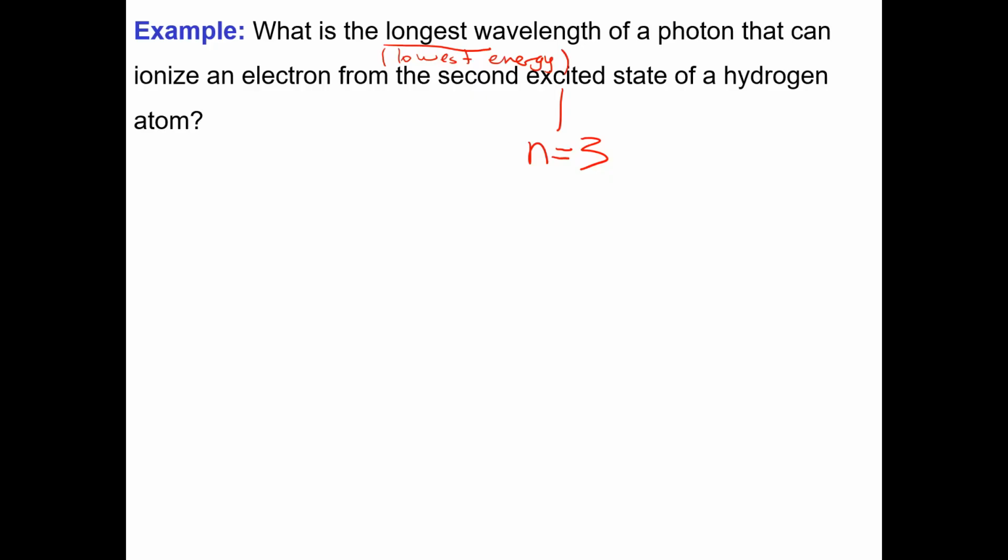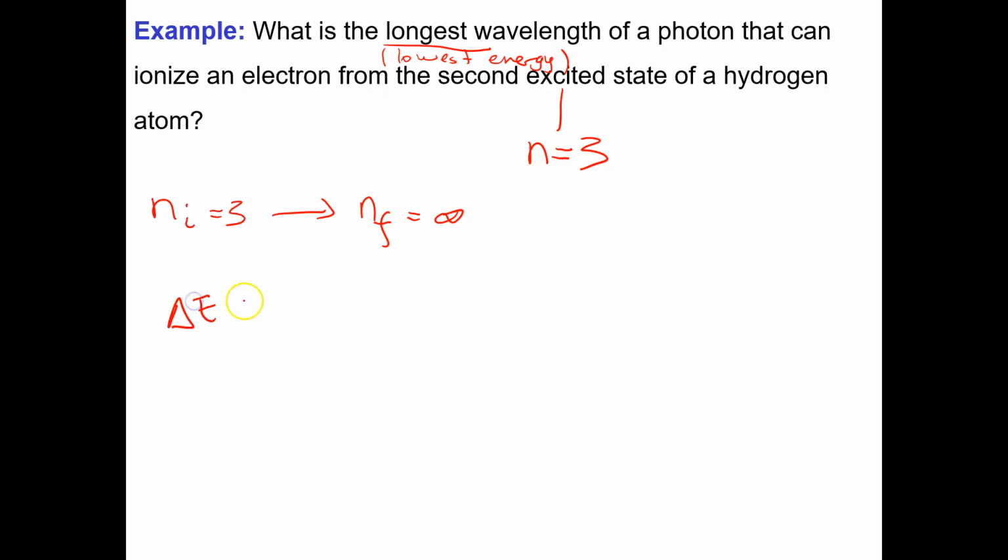The first excited state is n equals 2, so therefore the second excited state is n equals 3. So we're going to go from n equals 3, that's our initial level, to our final level, which is going to be infinity.